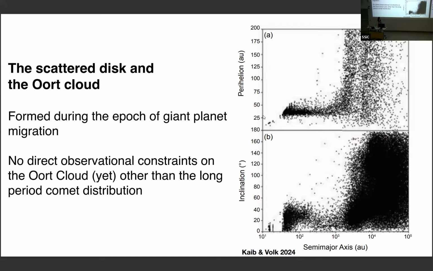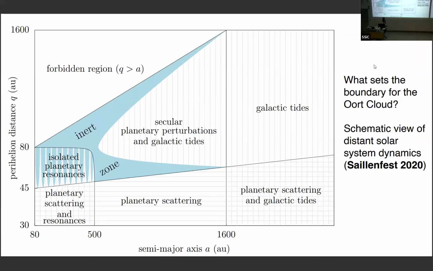So Neptune's at 30 AU today. So you have some population here that have perihelia focused in the planetary regions. That makes sense. They got scattered out by the planets. And then, of course, the objects that get scattered out far enough are then affected by external perturbers. So we can look at what the present day dynamics of these really distant populations looks like.